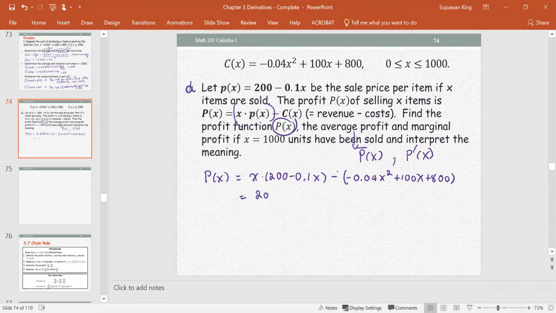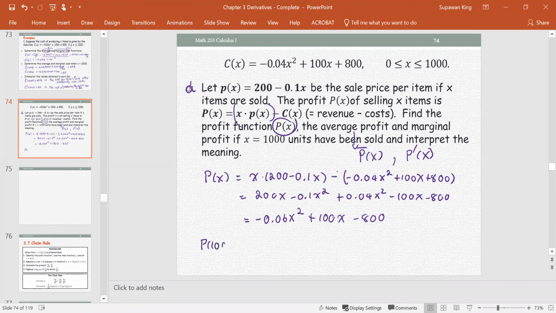Simplify to be 200x minus 0.1 x squared plus 0.04 x squared minus 100x minus 800. Combine like terms and rearrange in order of the power to get P of x, or the total profit of producing x items, as negative 0.06 x squared plus 100x minus 800.